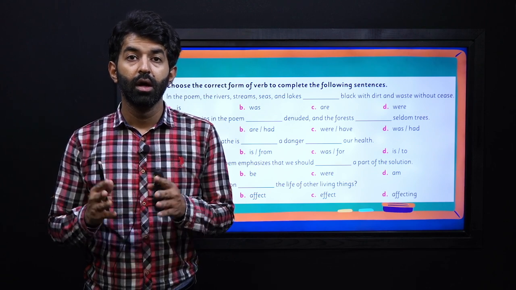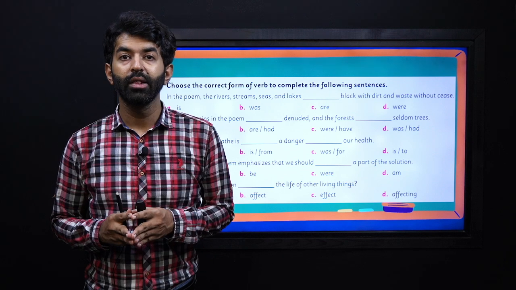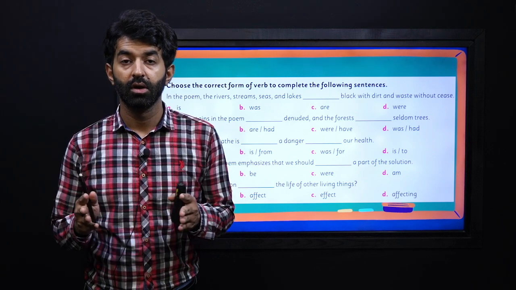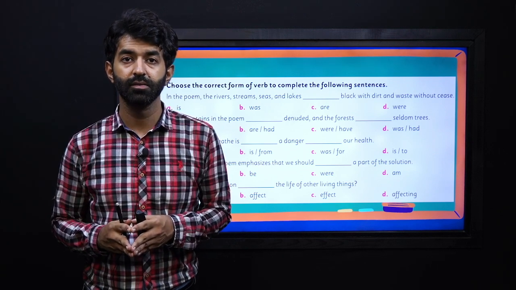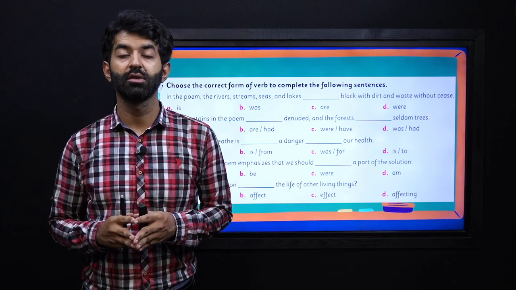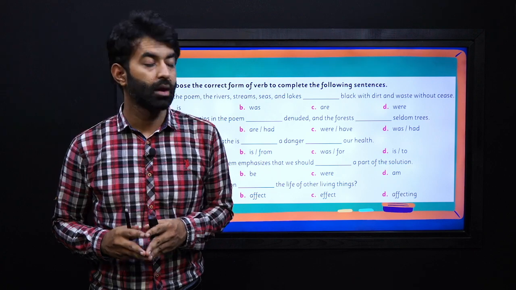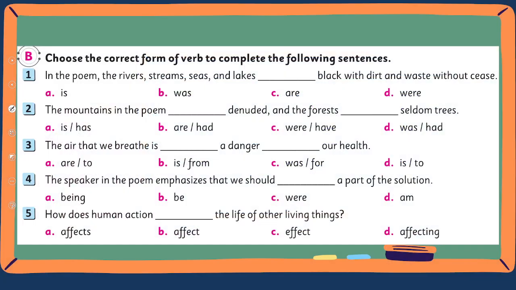Now, let's recall all these different tenses, the knowledge of tenses, and then solve this classroom activity. All right, the first one says, choose the correct form of verb to complete the following sentences. Now we are going to choose the correct form of verb because they are verb tenses.